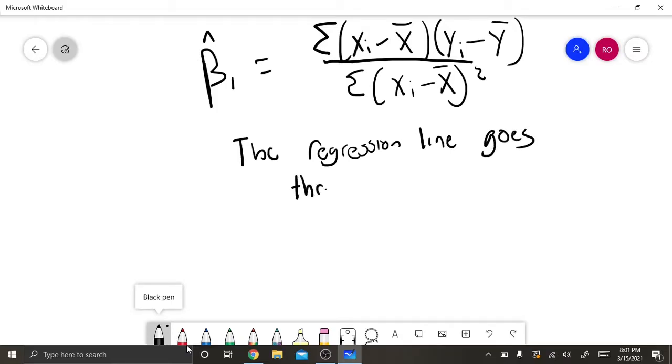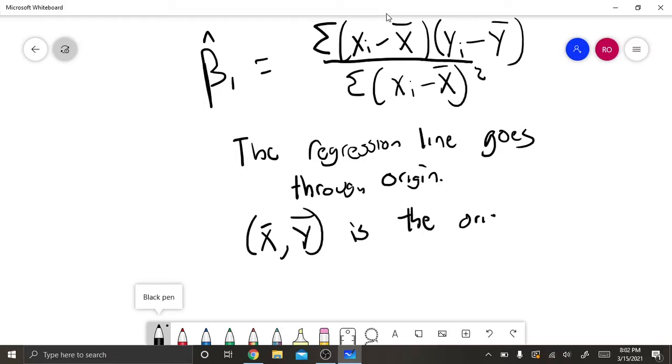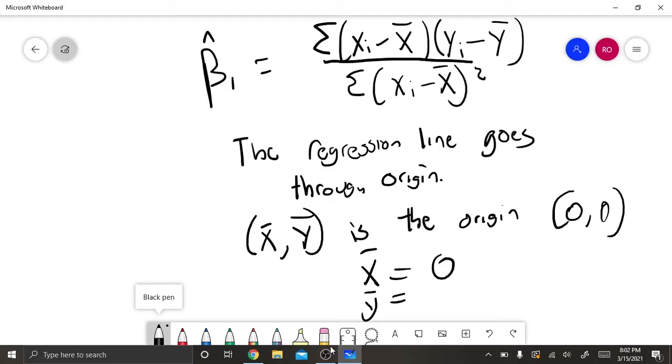goes through the origin. Okay, and so one way you can work through this is saying, well, one way that this regression line can go through the origin, that's telling us that the intercept is 0. Okay, and for the intercept to be 0, the point x bar, y bar is the origin, or 0, 0. So that's telling us that x bar is equal to 0 and y bar is equal to 0.